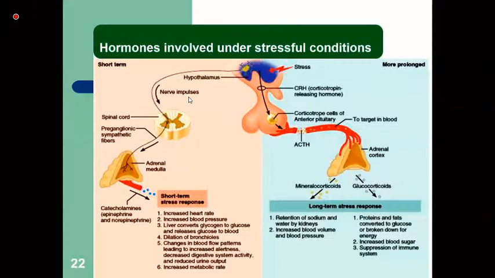For long-term stress, it's basically protein and fat converted to become glucose. There's an increase in blood sugar level, and the other one is a suppressed immune system. The effect is mainly due to an increase in blood sugar level which the body cannot use, and this will then be distributed away from the center, so it starts to accumulate in the belly. So you have central obesity or increased body weight.